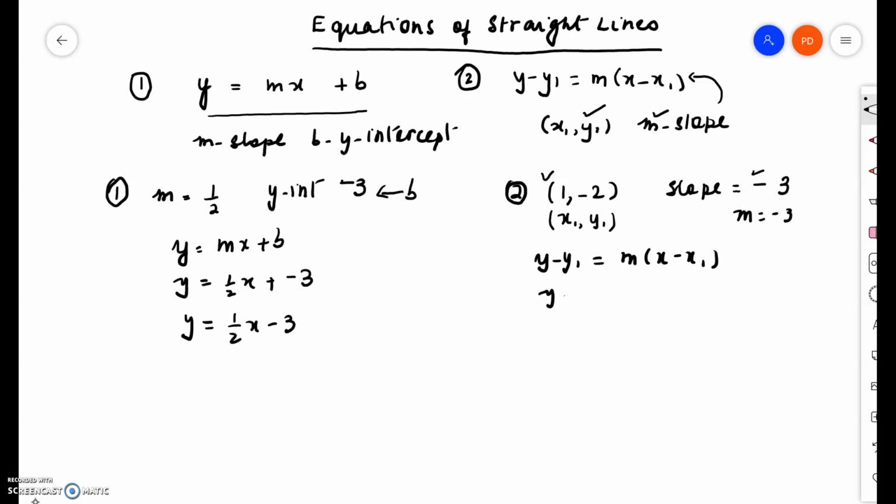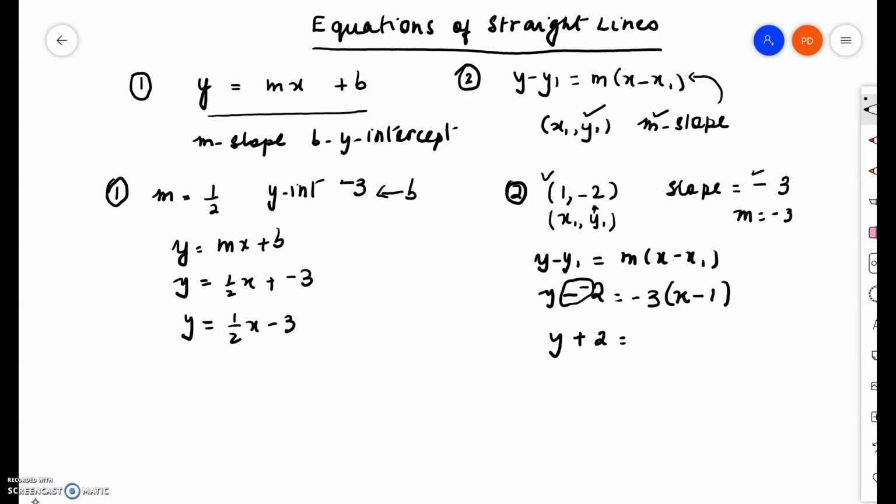So that is y minus y1, which is -2, equals m, which is -3, times x minus x1, which is 1. So minus times minus is equal to plus.